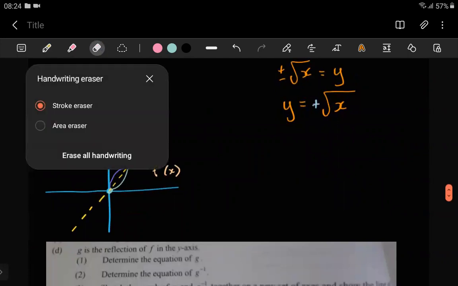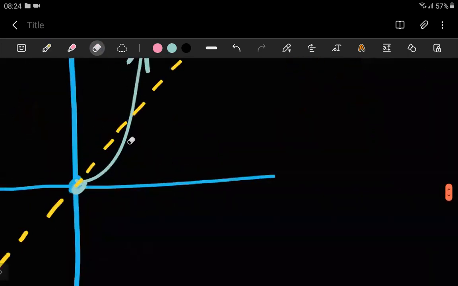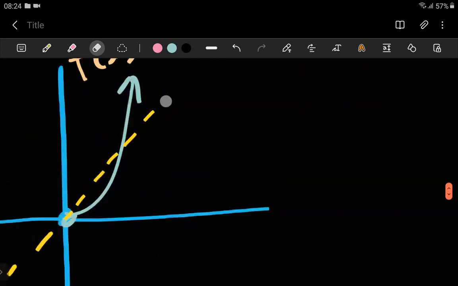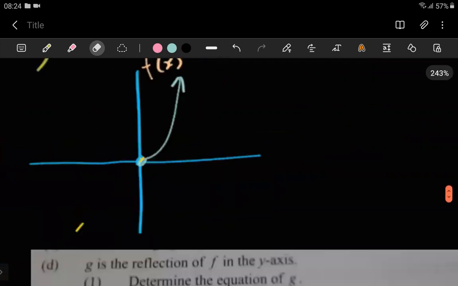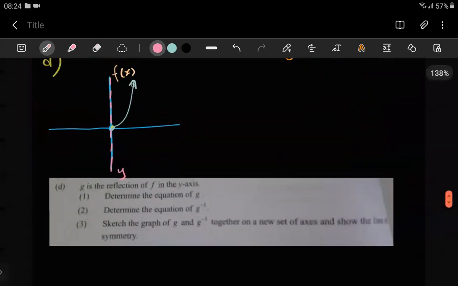Let's remove this here because we don't need it. We also don't need our line of inverse here because we're not talking about inverse. We're talking about the y-axis, which is this line here. This is our y-axis.